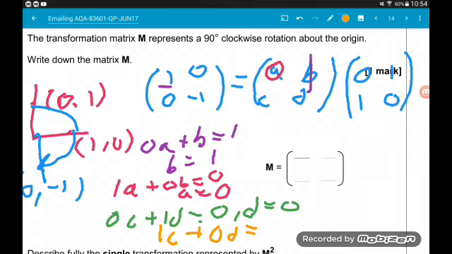Now we want that to equal minus 1. So that tells us then C is minus 1. So our transformation matrix is going to be 0, 1, minus 1, 0. If you can remember those off the top of your head, awesome. Or if you use the trigonometric form, awesome as well. If you can't remember them though, that's how we work them out.